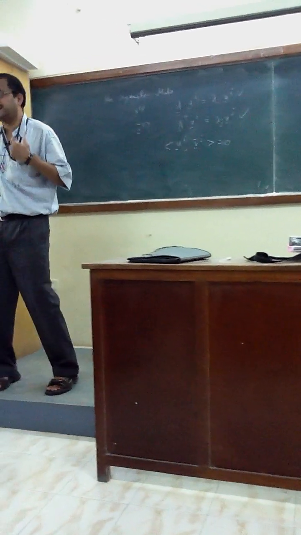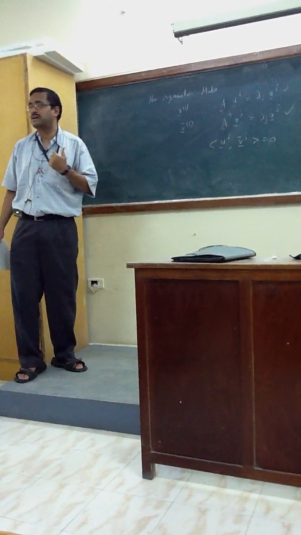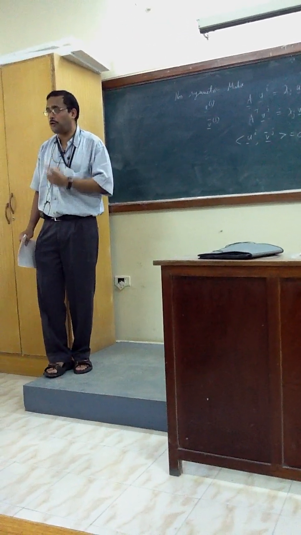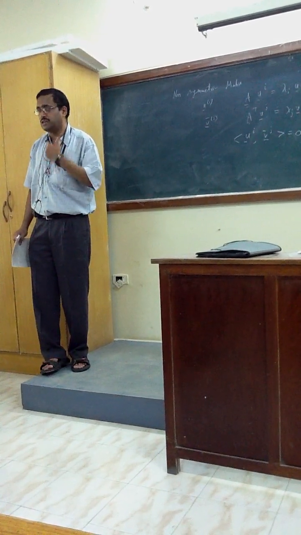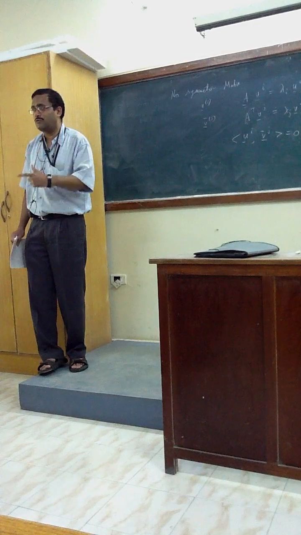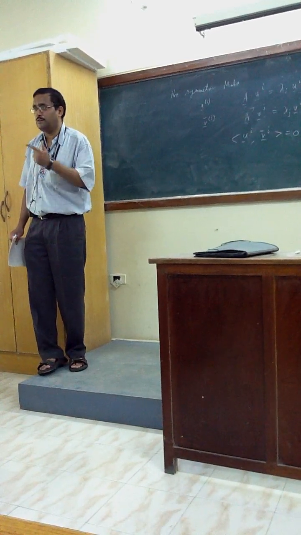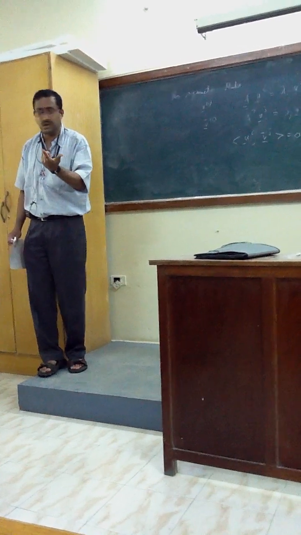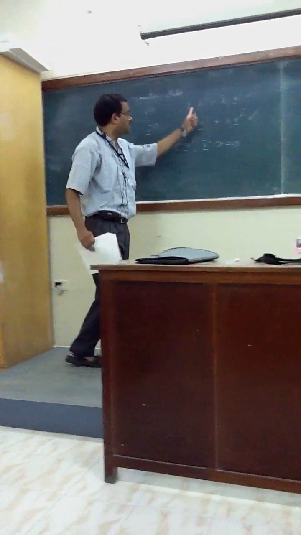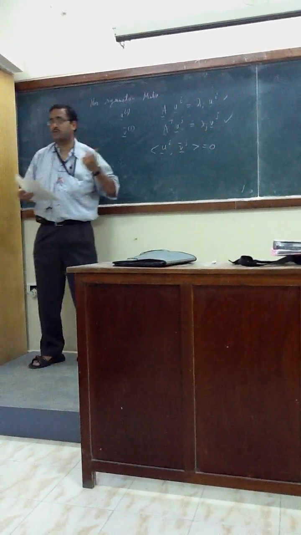So now you can see that even for the non-self-adjoint matrix, it is possible to get orthogonality. Even for a non-symmetric matrix, the eigenvectors are not orthogonal to each other. They will be orthogonal to the eigenvectors in the complex conjugate form.